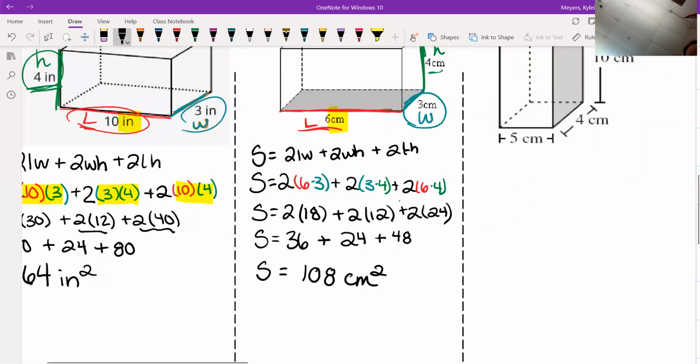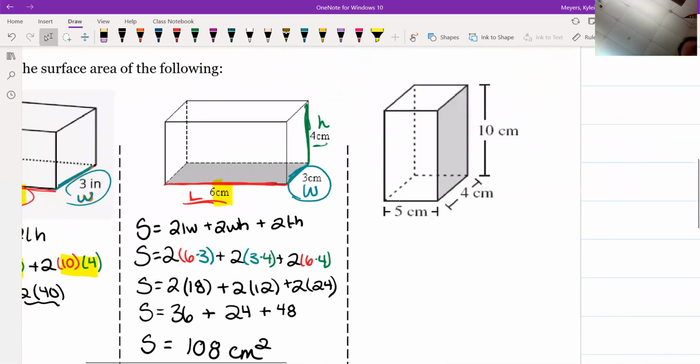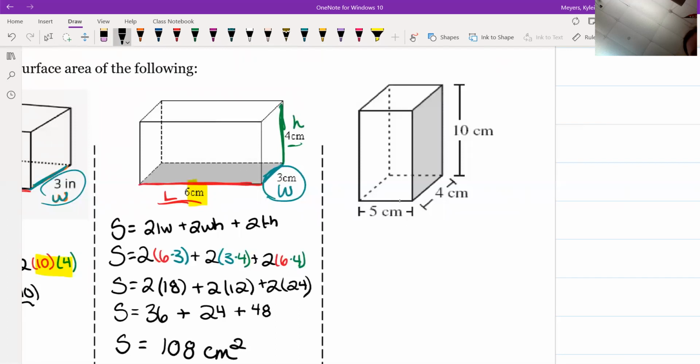All right, so I want you to try the next one on your own. But I'm going to get you started. I'm going to write out your formula: 2 length times width plus 2 width times height plus 2 length times height. I'm going to help you label. Your length this time we said was the longest side. It's not really the longest side this time, right? It's always on the bottom and it comes straight across.